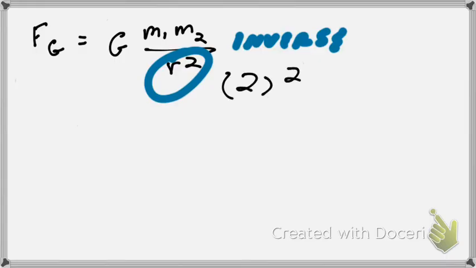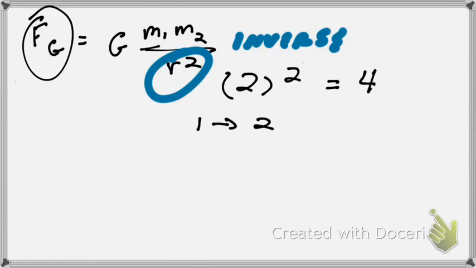So instead of having 1, the radius went from 1 to 2, okay? So what has happened to our force? Here, our radius term went from 1 to 2, which squared is a change of 4, right?